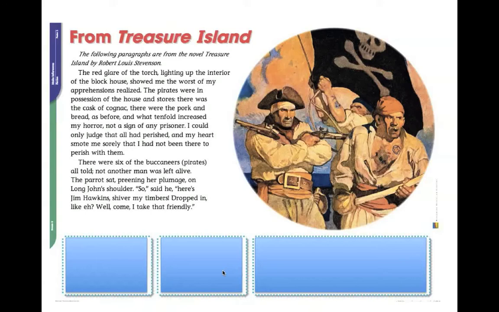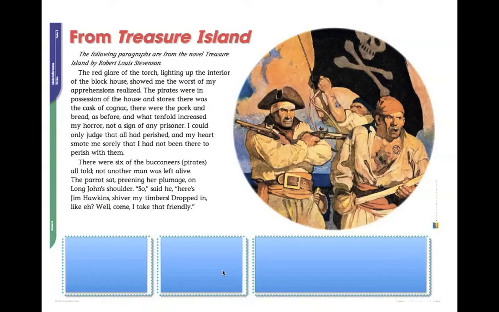So we'll read the first paragraph again. The red glare of the torch, lighting up the interior of the blockhouse, showed me the worst of my apprehensions realized. The pirates were in possession of the house and stores. There was the cask of cognac. There were the pork and bread, as before, and what tenfold increased my horror, not a sign of any prisoner. I can only judge that all had perished, and my heart smote me sorely that I had not been there to perish with them.